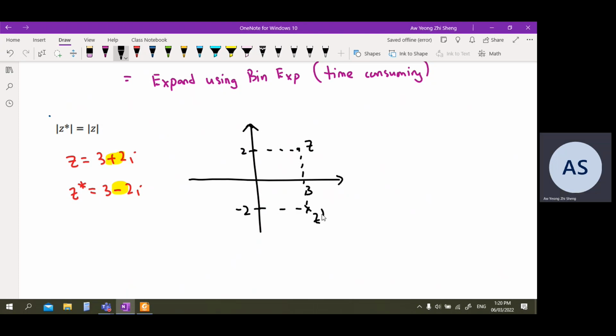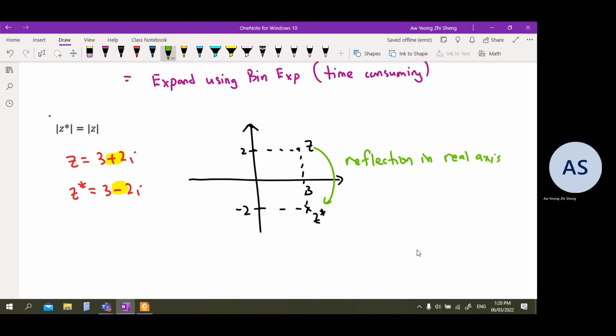This should be my z star. And so going from here to here, it is effectively just a reflection in the real axis, because the x-axis is now named as the real axis.